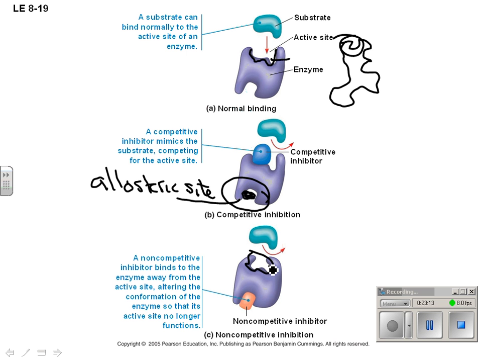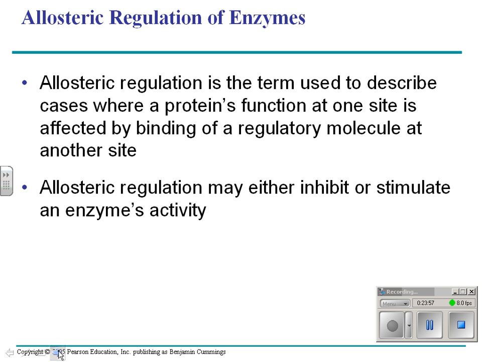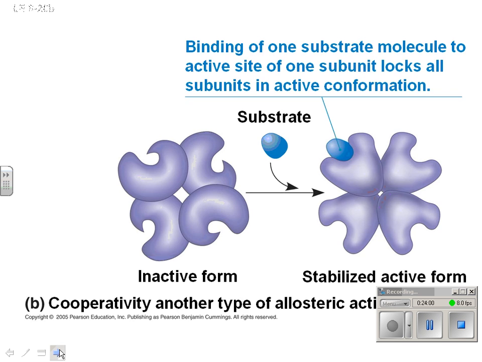Allosteric site is another spot on the enzyme for something to attach to make it work. We'll talk about feedback inhibition later.